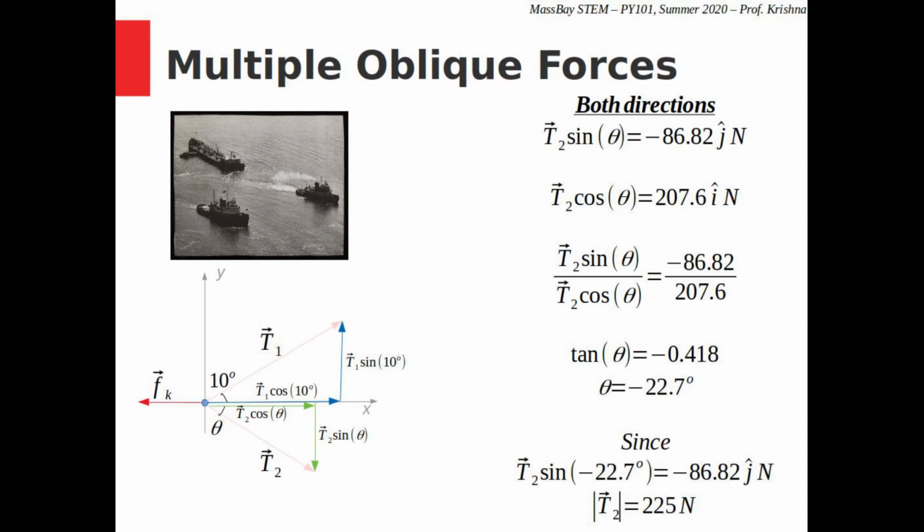So we end up with tan theta equals negative 0.418, and taking the arctangent of that, we get theta equals negative 22.7 degrees. And since we earlier said that T2 sine theta must equal negative 86.82 j hat newtons, we can work out that the strength of T2 is 225 newtons.